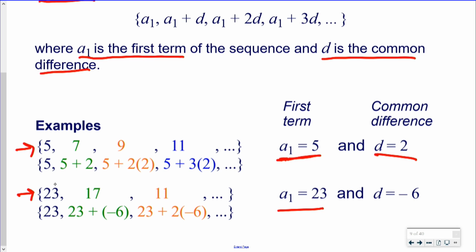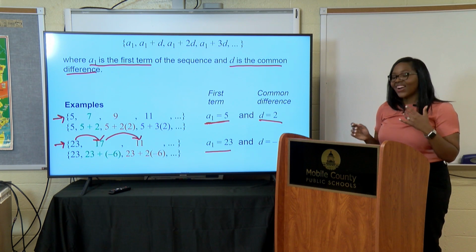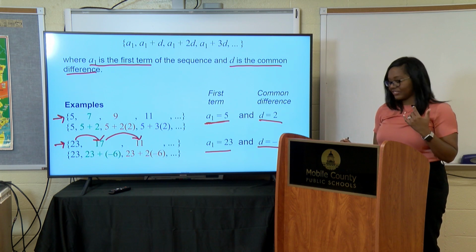We go in our sequence from 23 to 17, 17 to 11. Do you notice a pattern there? You should notice that from 23 to 17, there's a difference of -6. And then from 17 to 11, there's a difference of -6. So our common difference is -6.